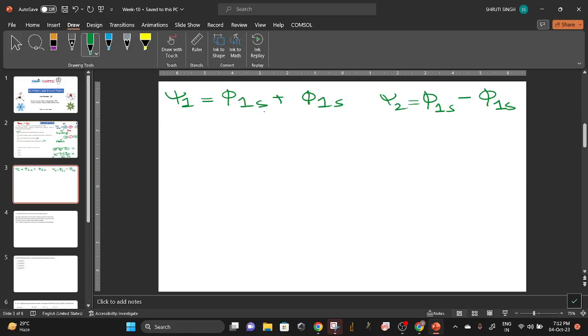If you consider these two as the basis, what can be the symmetry? Can you guess? Sigma bonding. Yes, this is sigma, but tell me in terms of Mulliken symbol.